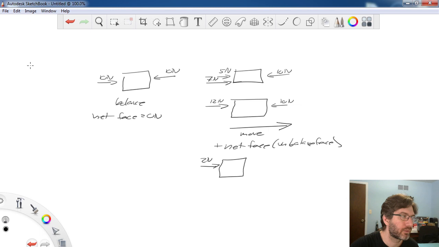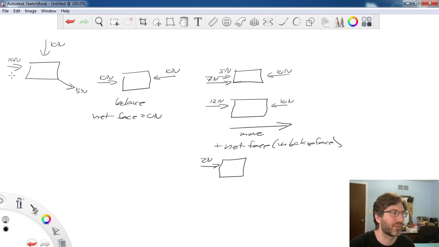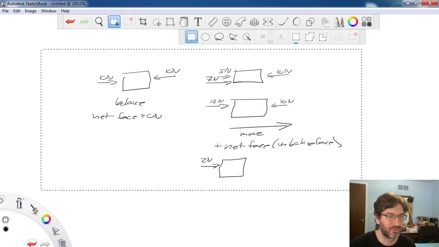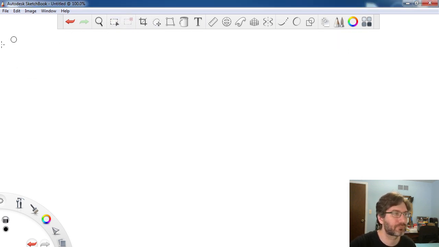Or you get something strange like 10 newtons, 10 newtons, it's going to go in this direction by like 5 newtons, because half of this is going to cancel out by the other half of this, and it's going to go like that. But that's a little much for what I asked you to do, especially over the internet. It's going to be a little difficult to get in.